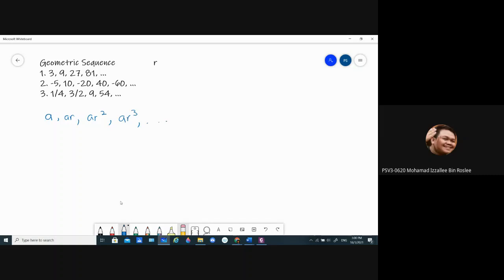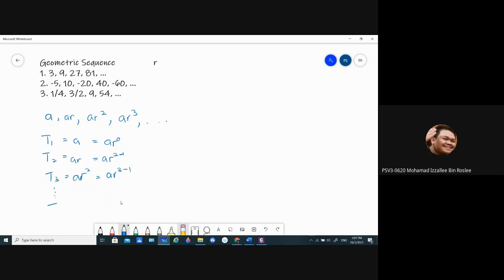The first term here is A. T1 is A. A can also be written as AR to the power of 0. Term 2 here is AR, or we can write it as AR to the power of 2 minus 1. 2 minus 1 is 1, so it's AR. Term 3 is AR squared, which is AR to the power of 3 minus 1.